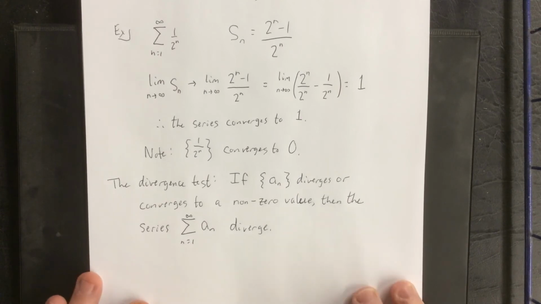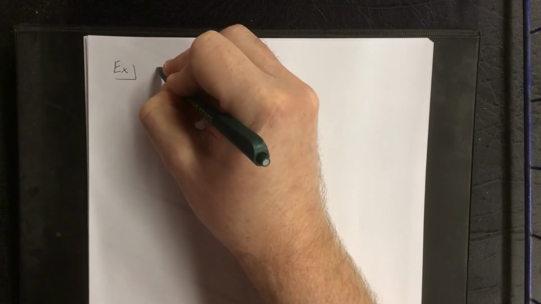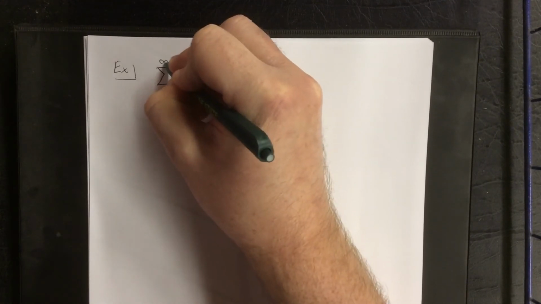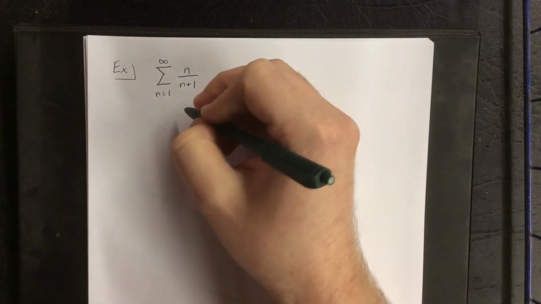To give a slightly more in-depth explanation of this, in section 11.1, I referenced the following sequence a couple times. And the sequence was n over n plus 1. Now this was a sequence that converged to 1.